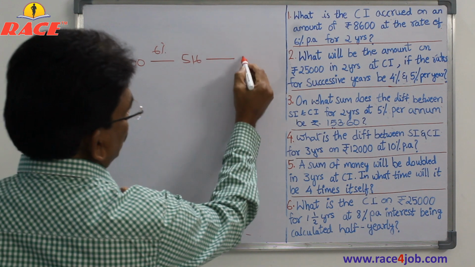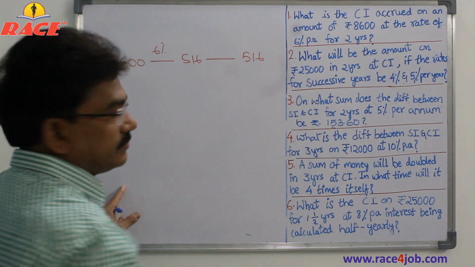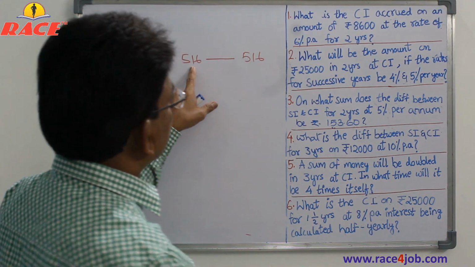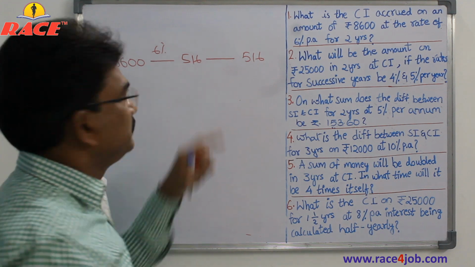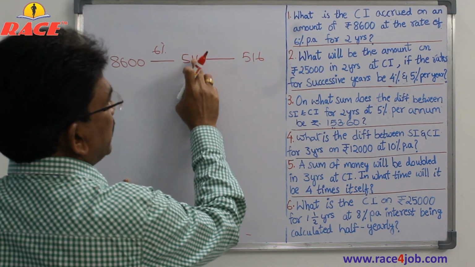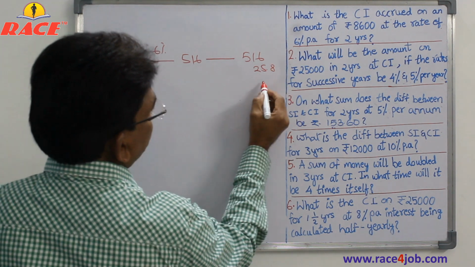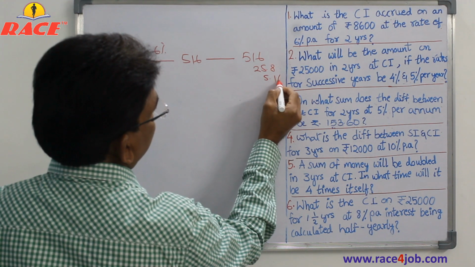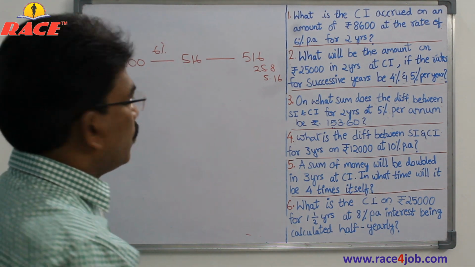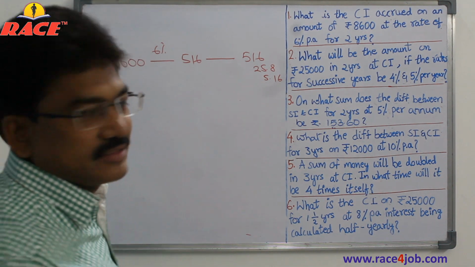And in the second year, you will get 516 plus 6% interest on 516 also. So 10% is 51.6, 5% is 25.8, and 1% is 5.16. This is the second year interest. What is the total interest? Add all the things.